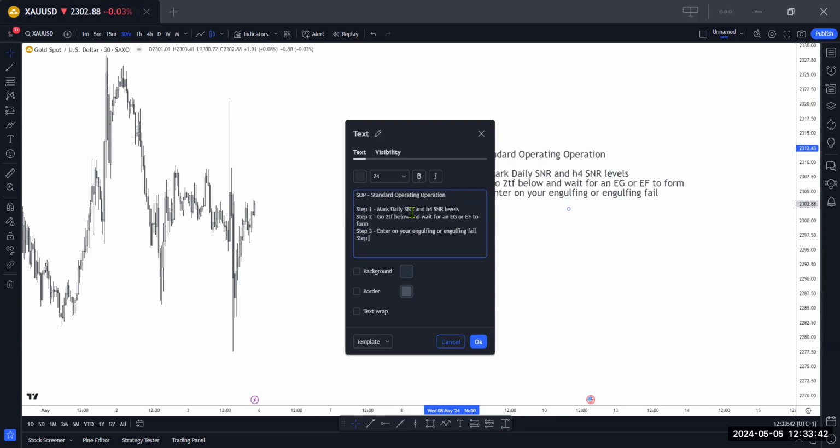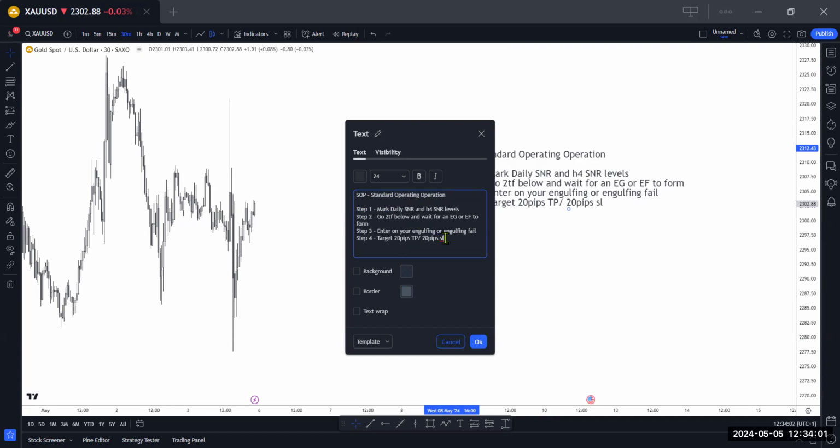Step four, targets: 20 pips TP and 20 pips SL. Now you can increase this depending on your appetite, but I'm saying 20 pips because of the compounding plan I sent to the page.